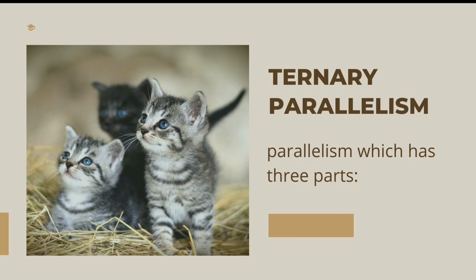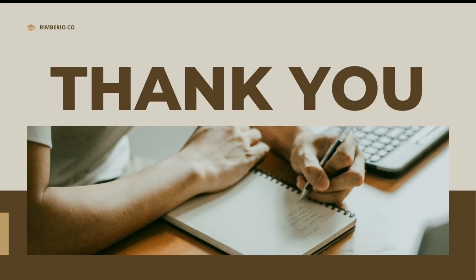So there are three different structures being stated. In the binary, it's just two, but in ternary, there are three elements or sentence structures that differ from one another. So that wraps up the discussion about parallelism.